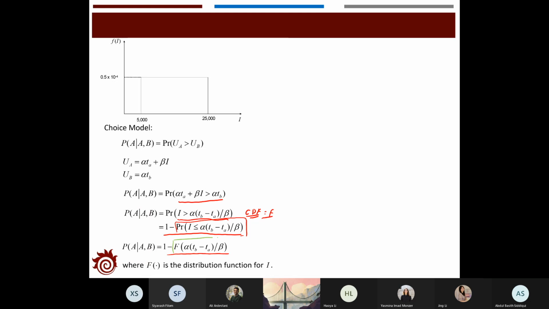What's the expression of capital F? As F follows a uniform distribution, the estimation of the capital F would be relatively simple.